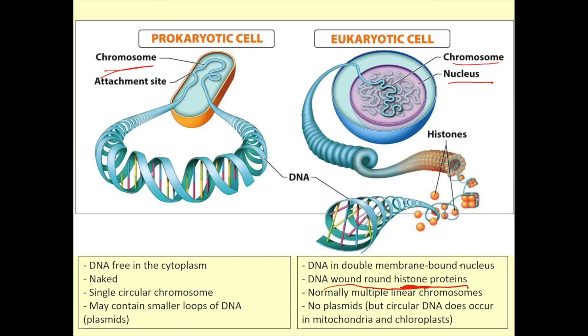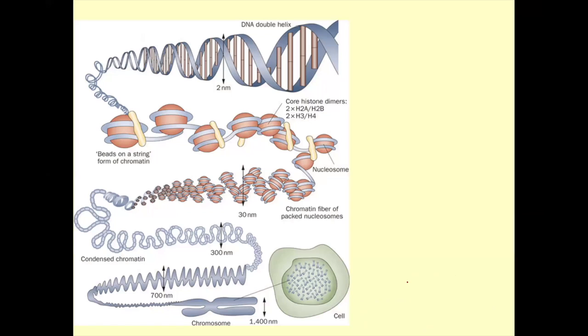A histone is a protein, and it's a bit like having a garden hose. You don't just throw it in your garage on the floor. It's going to take up too much space. Once you wind it round a circular sort of metal frame, you keep your garden hose in a coil, and that's exactly what a histone does.